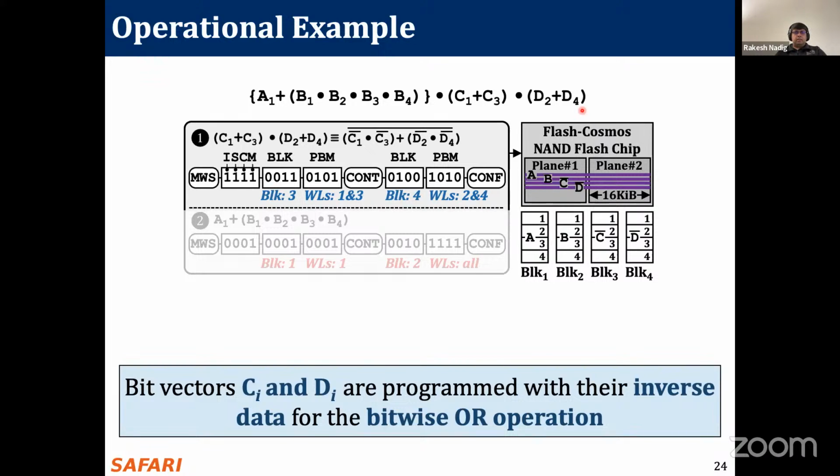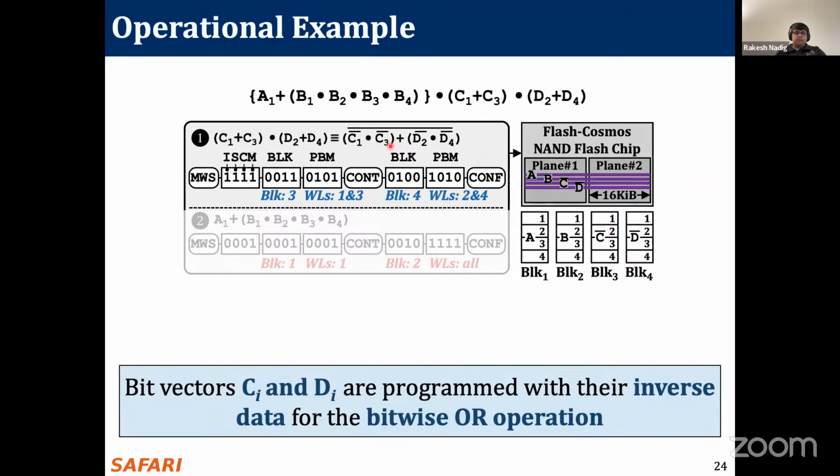we see that the bit vectors C and D, although they are in their true form, we actually invert them and then store them in different blocks, block 3 and block 4. That is to perform more bitwise AND operations rather than OR operations.